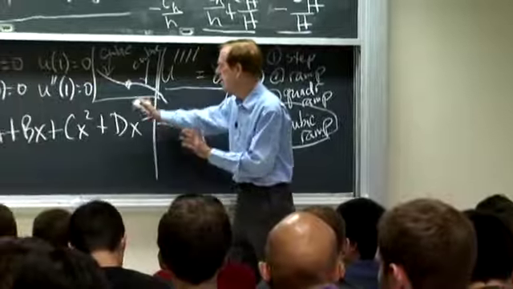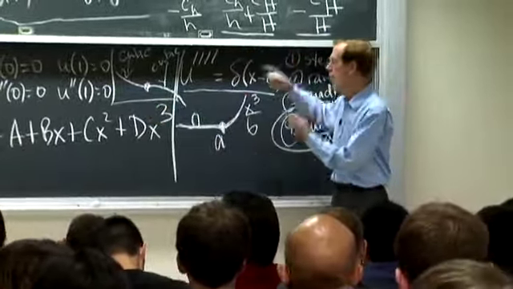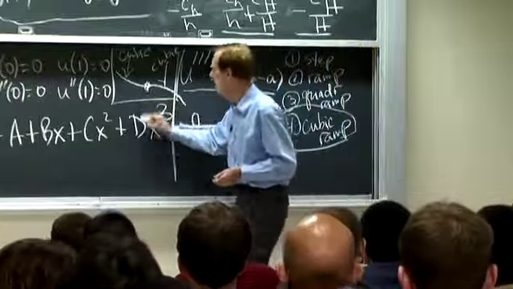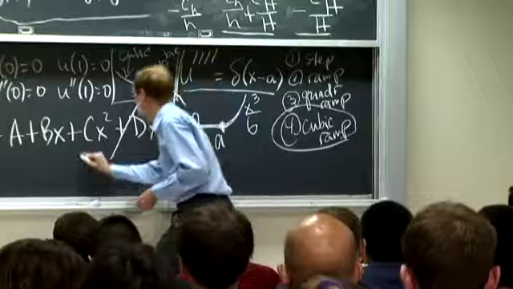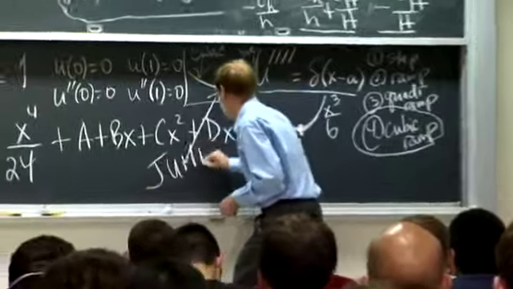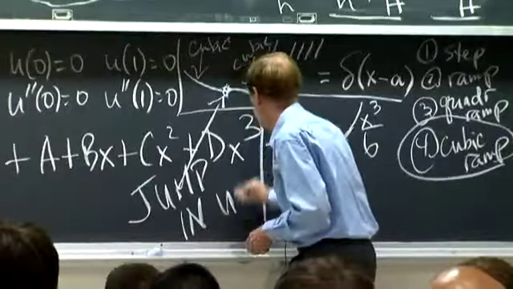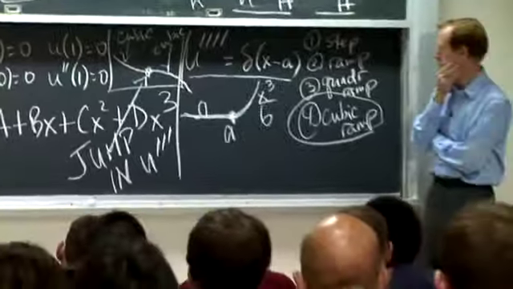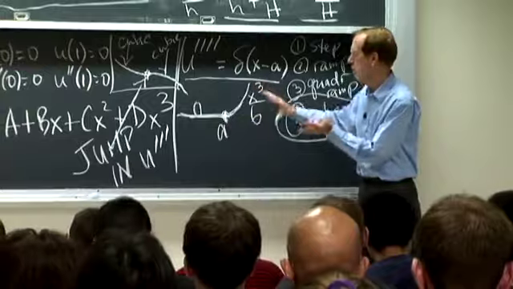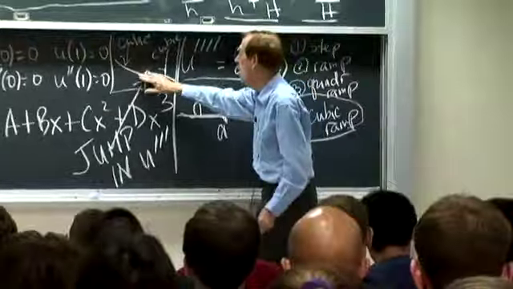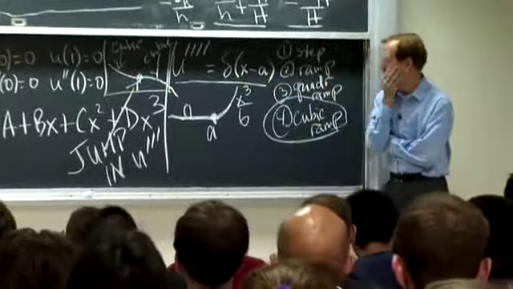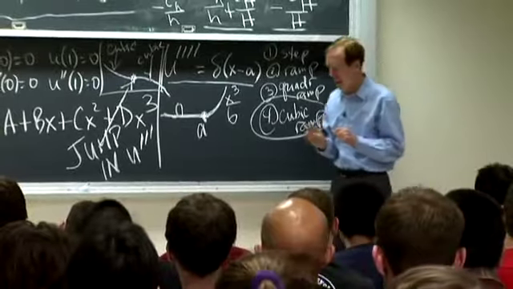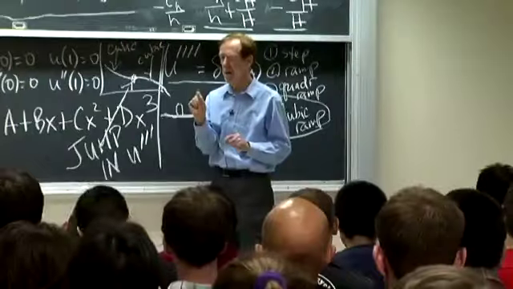So we see them here as the solution to fourth order equations with point loads are cubic splines, because the big key point is that there's a jump here in U triple prime, a third derivative. A jump in the third derivative. That's what we saw here, and we'll see it if we have any cubic meeting any cubic. Let me just say, a jump in the third derivative, your eye probably won't notice it.